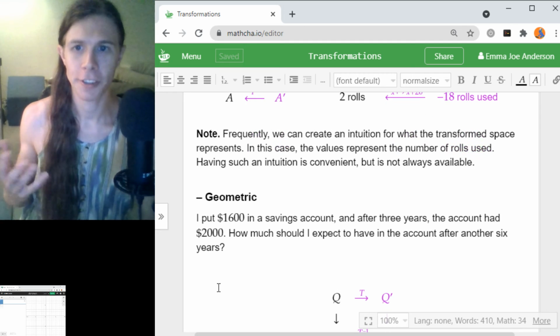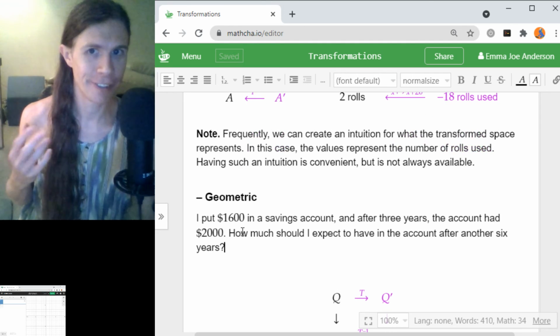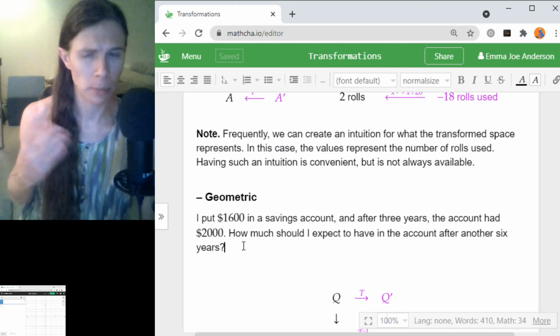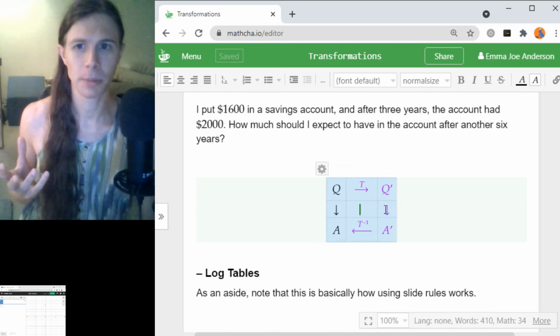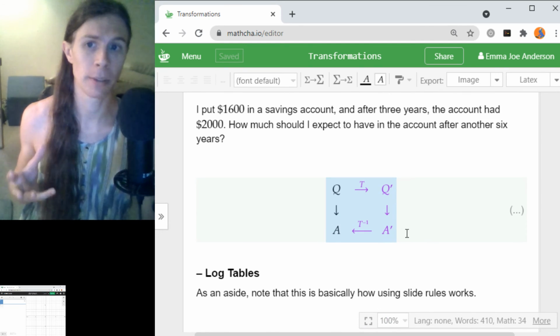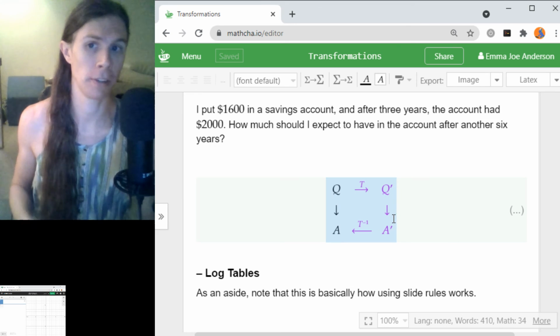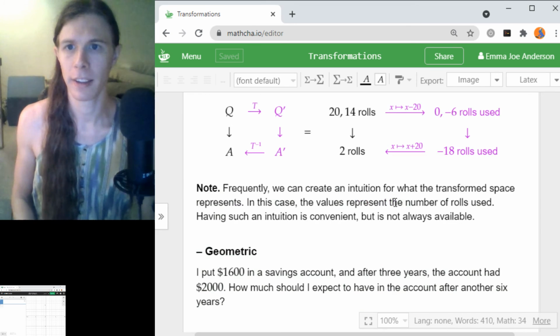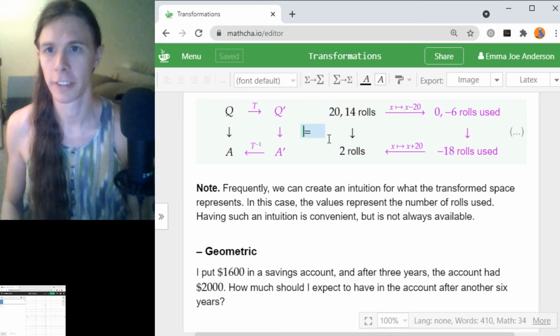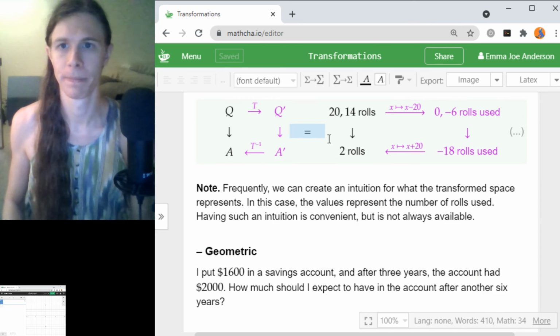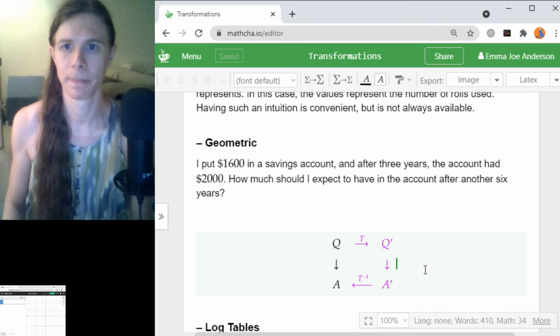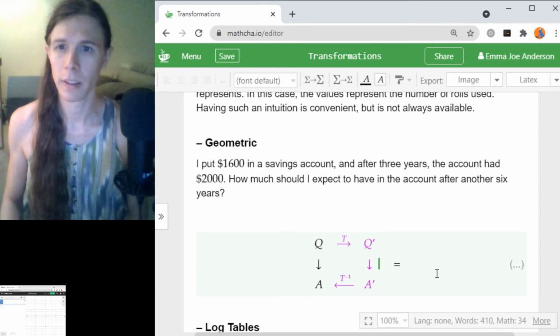So I challenge you to try to think of those 2 ways of solving the problem, what those might look like, and in particular in the transform space, what the analogs to all these parts would be. I'm going to just copy this over because that's going to be handy. All of this is handy.